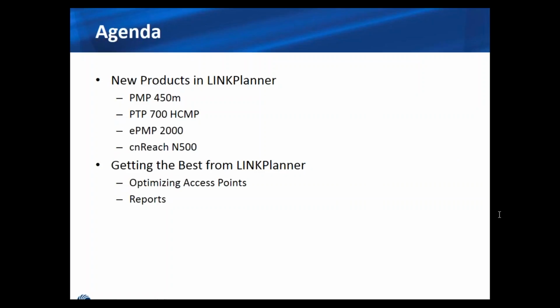In the agenda, we have introduced quite a few new products in the last couple of months. So we will take a look at each of these. I would then like to finish up with a couple of topics to help you get the best out of Link Planner. New products like CN Medusa, PTP 700, which is a high capacity multi-point, and ePMP 2000, and our IIoT product CN Reach.